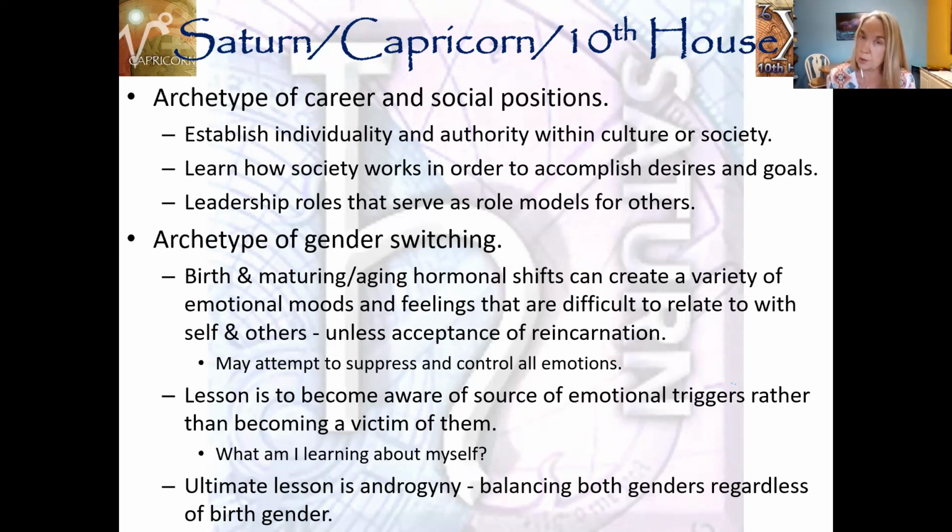How can I achieve again this anima animus balance within myself, regardless of which gender I am born into? We don't just willy-nilly choose our genders. There are reasons for it from that perspective of reincarnation.